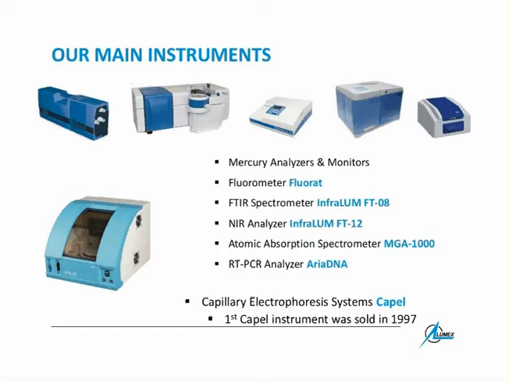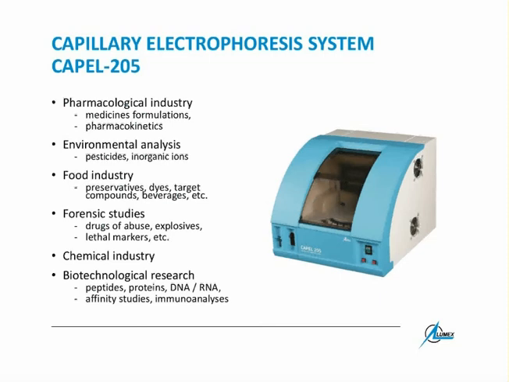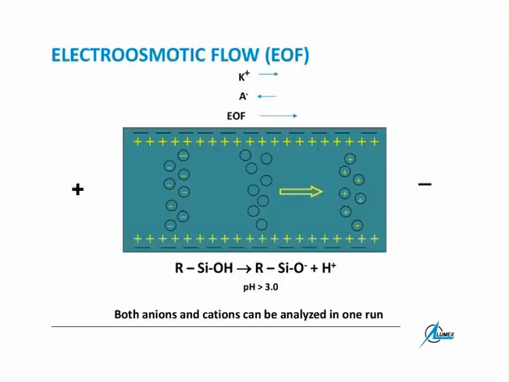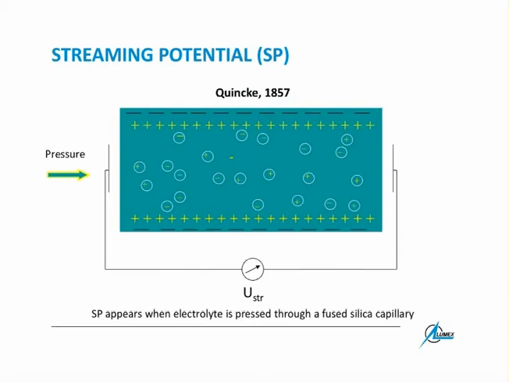Let me talk now about the streaming potential, because the first question which I met was the reproducibility, and streaming potential is exactly what we use in order to increase this reproducibility. Streaming potential can, in general words, measure the state of the surface inside the capillary. From run to run, the state of the surface must be absolutely similar.